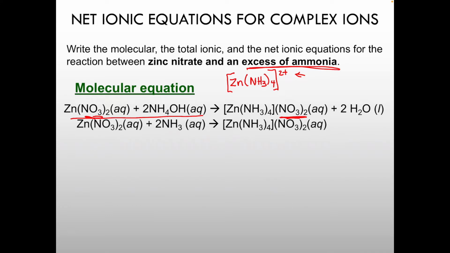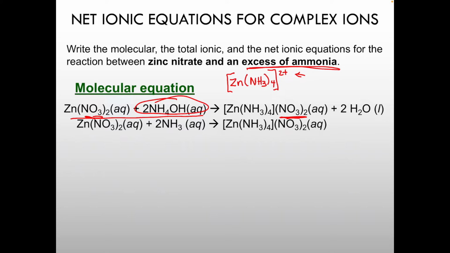Since we have an excess of ammonia, we don't need the hydroxides in our reaction like we did before. We kept the hydroxides and that water in there before to help us out when we wrote the formula for the hydroxide, because it reminds you that ammonia will act as a base, and it will act as a base because there's water present.